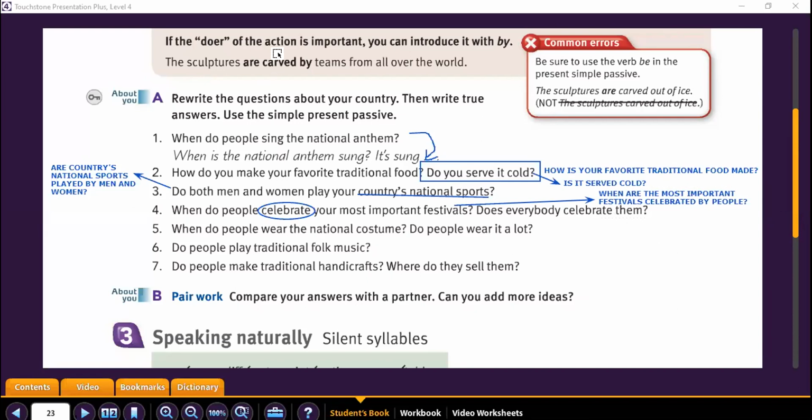Y tenemos una segunda parte de la pregunta. Does everybody celebrate them? ¿Cómo nos quedaría? Iniciaría con are, teacher. A ver, sí, are. O no. No con are. Va a empezar con algo diferente.